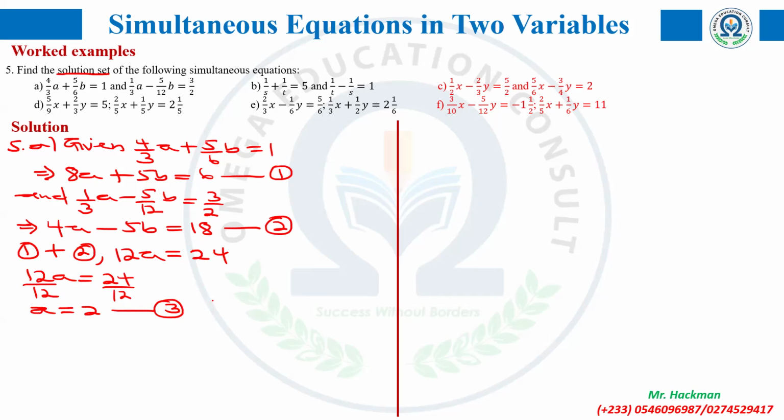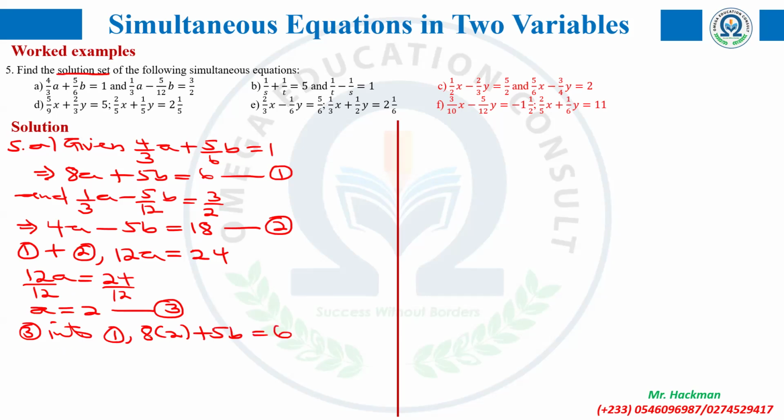You go and substitute equation 3 into the pretty equations, not the ugly original ones. Which one do we go for? I will go for equation 1. So substituting 3 into equation 1, that will give us 8a. So 8 into a, and a is 2, plus 5b is equal to 6.